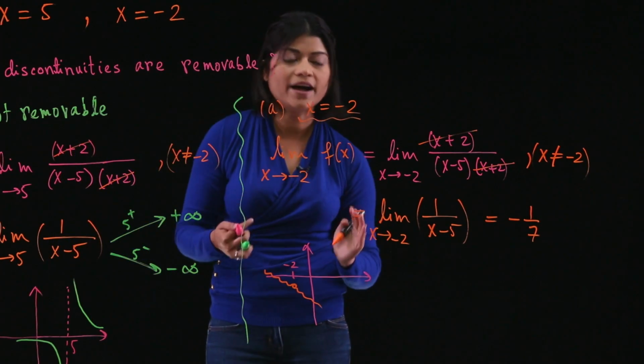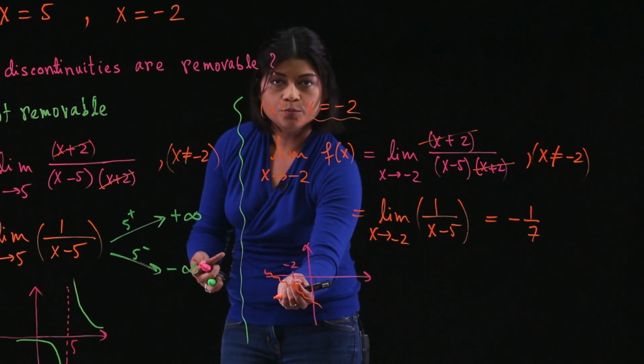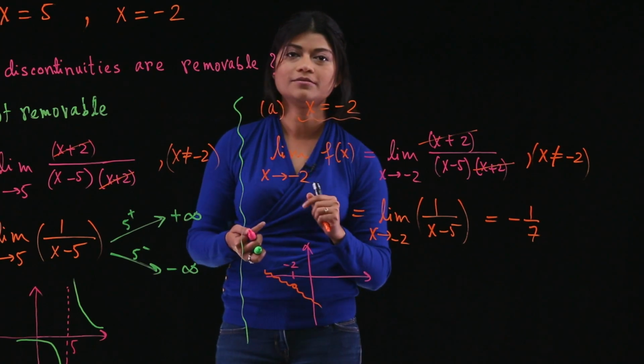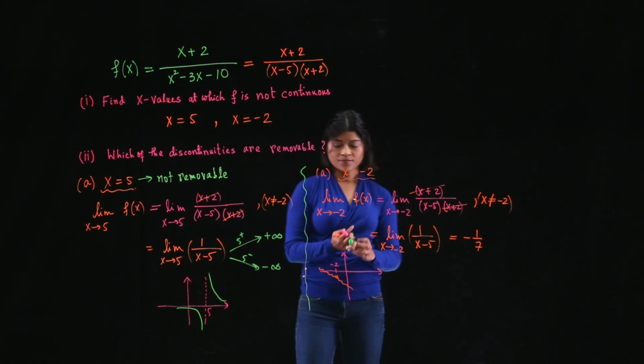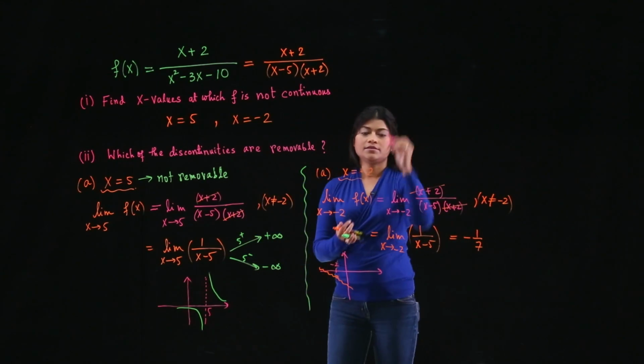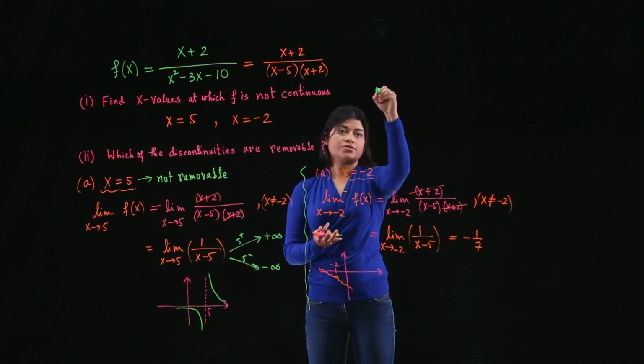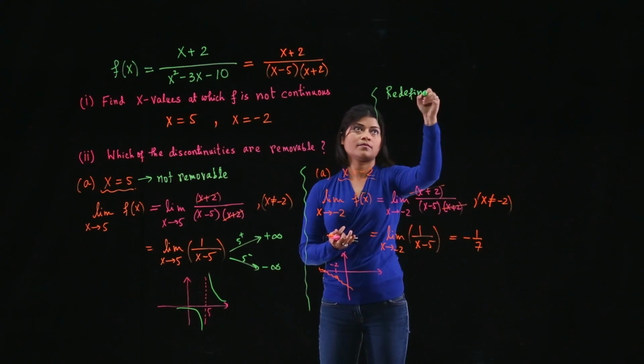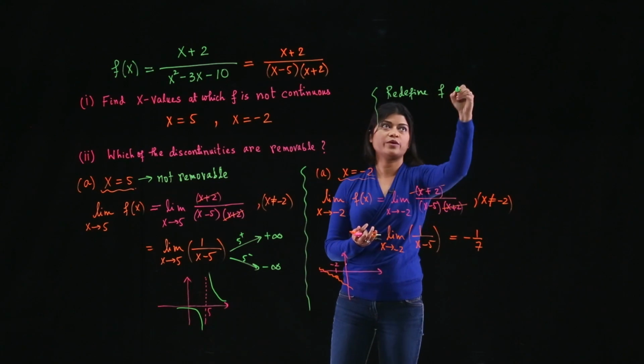Now think about it. Can we redefine this function to remove that discontinuity, to make that open circle a closed circle? Yes, we can. How can we do that? So we can redefine the function f this way.